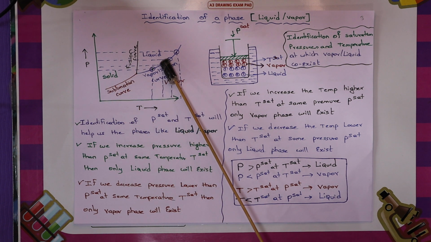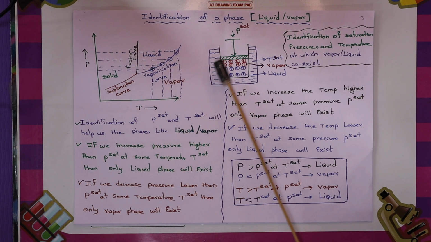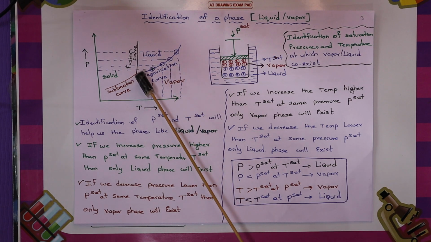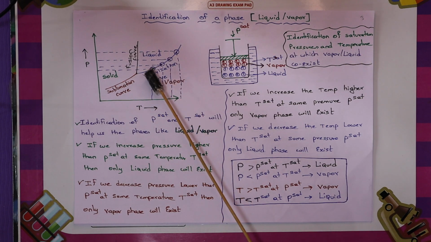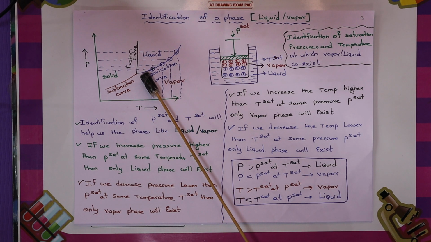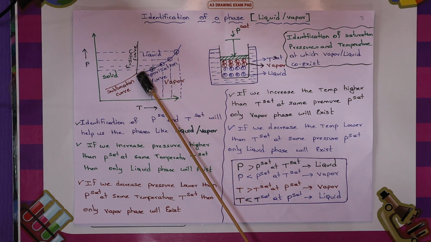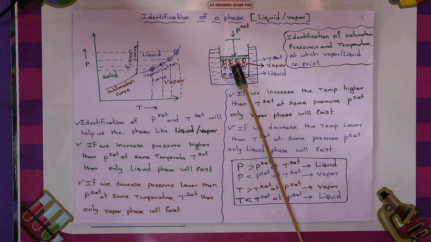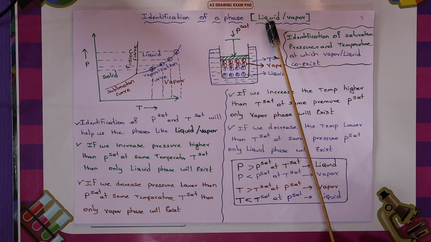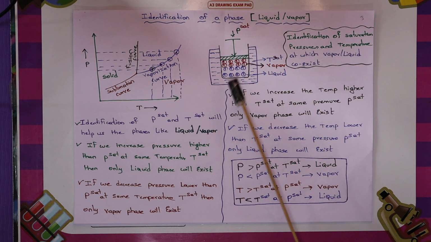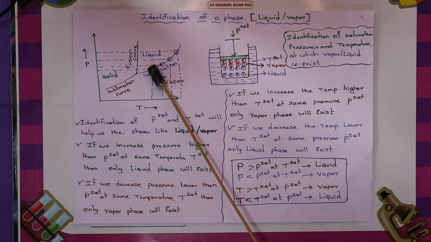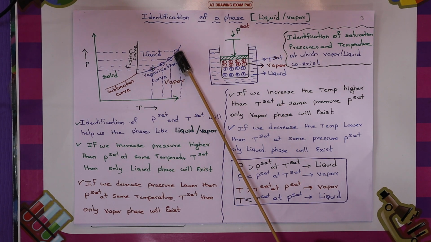Every substance has its own PT curve. So using the saturation pressure and saturation temperature information, we can identify whether the system contains a liquid or a vapor.